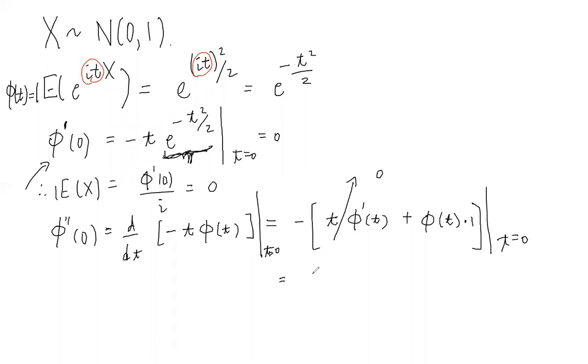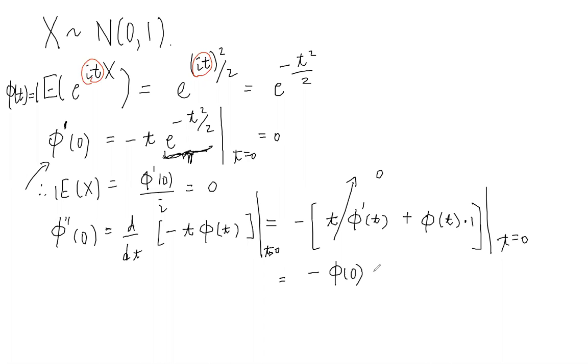So you basically have minus phi 0. Much easier than applying the derivative on the product, which will give you headaches.